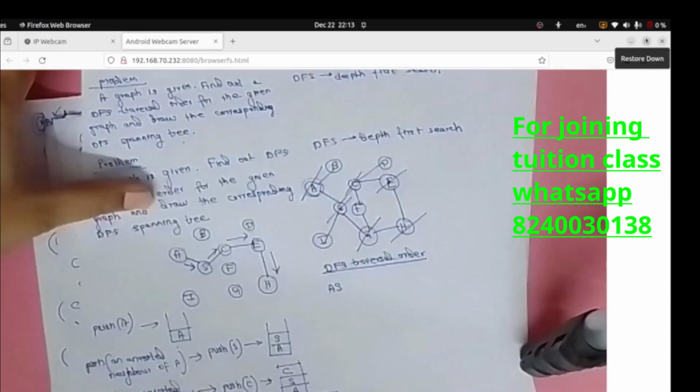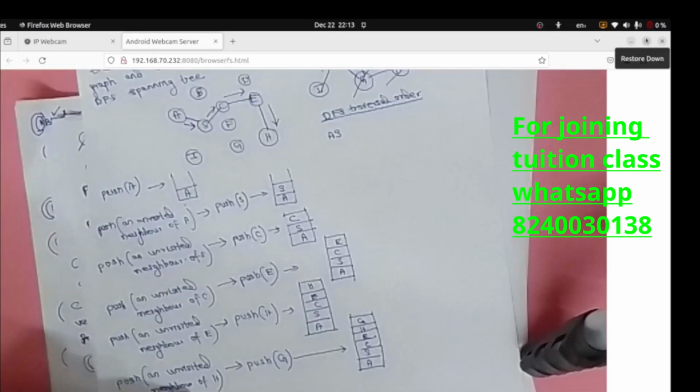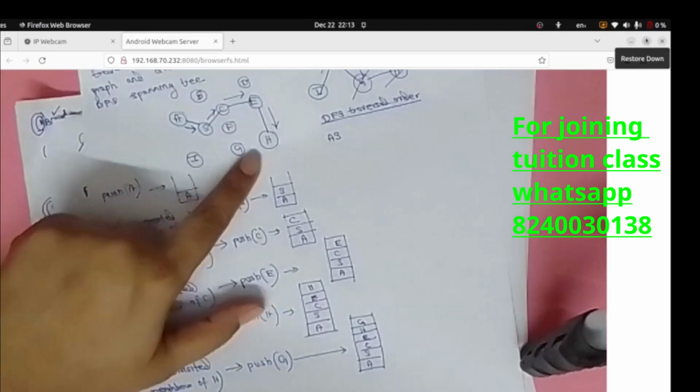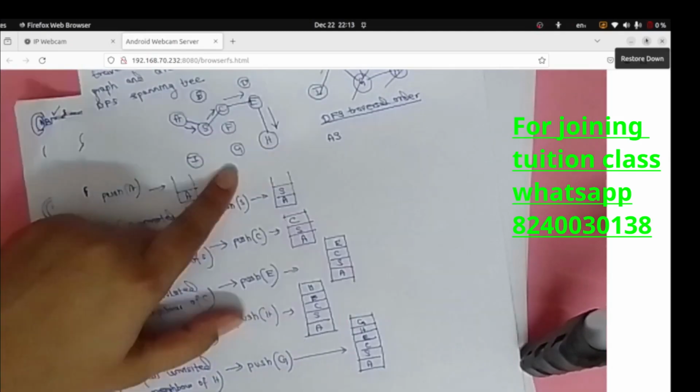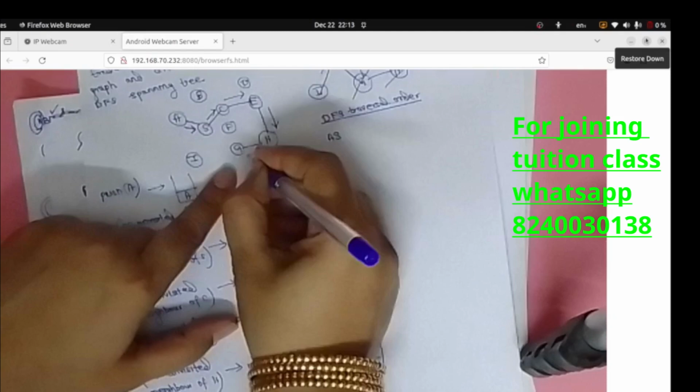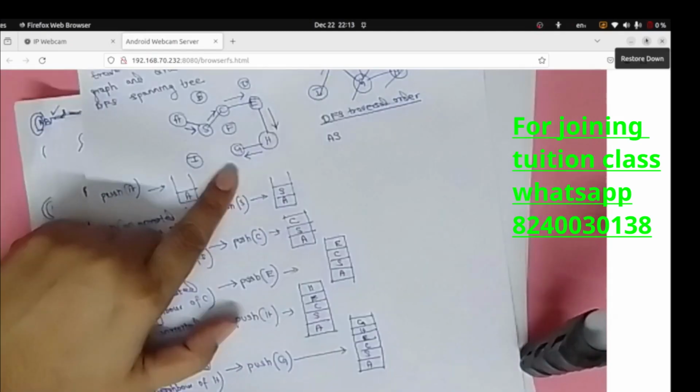And as this is a push operation from H to G, in this spanning tree, there will be a movement from H to G. So we connect these two vertices by an edge, and there is a movement from H to G.